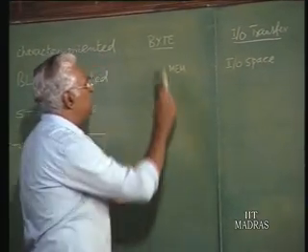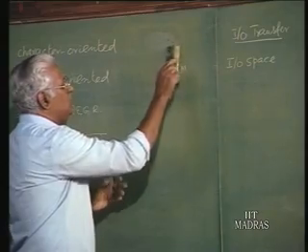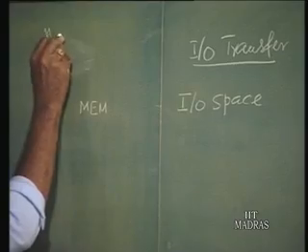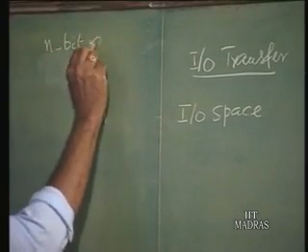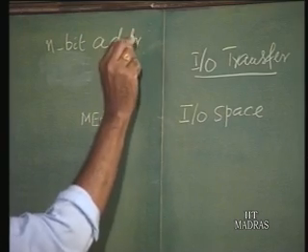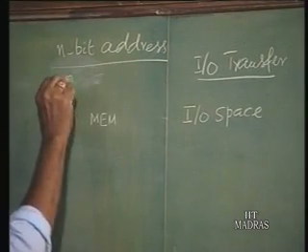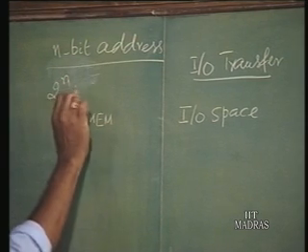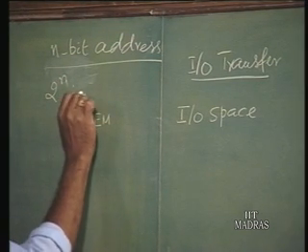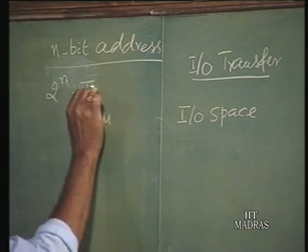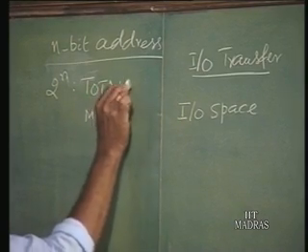Okay, we will start with an n-bit address. An n-bit address is going to mean the total address space is going to be 2 to the power n. So, that is the size of the total address space.